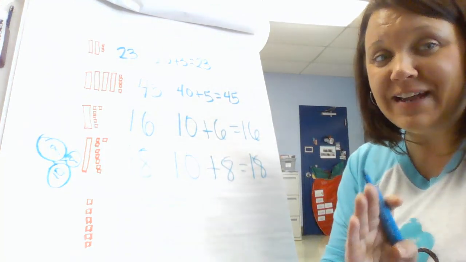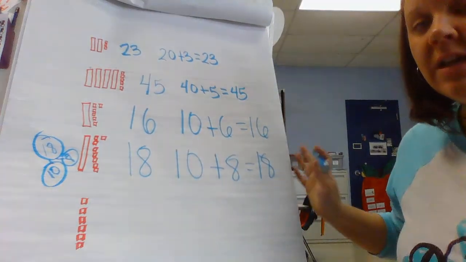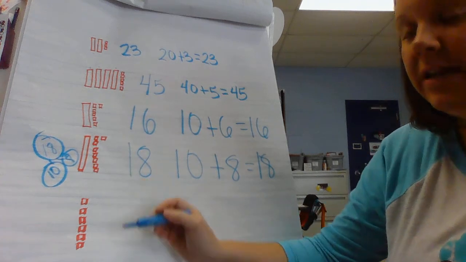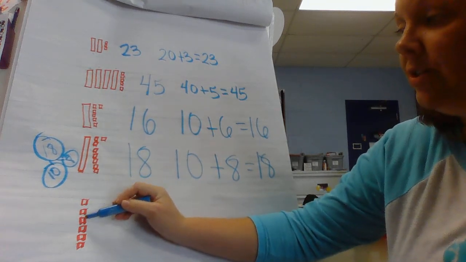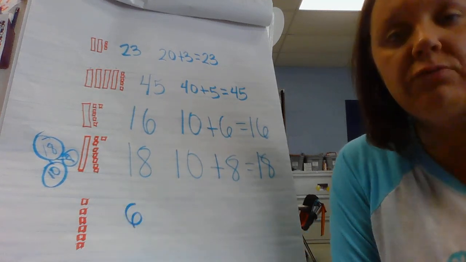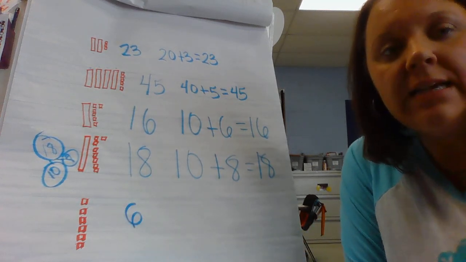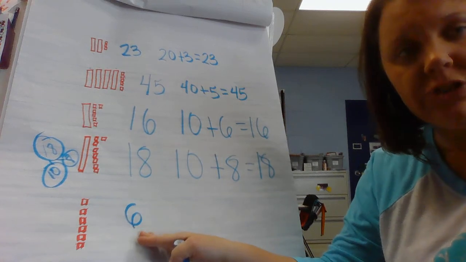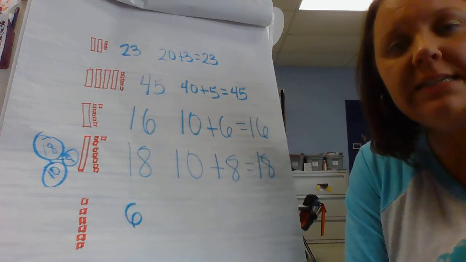Okay, now we are just going to count the ones place. I did not put a 10 here because I want you to see, the sun keeps shining in the window and making a glare. So I want you to see if we count the ones place, 1, 2, 3, 4, 5, 6. I wanted you to see that if we counted the ones place, you would not need 2 digits. You would only need 1 digit.